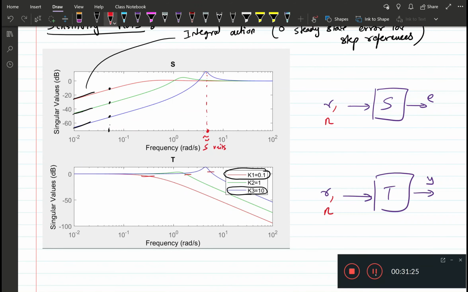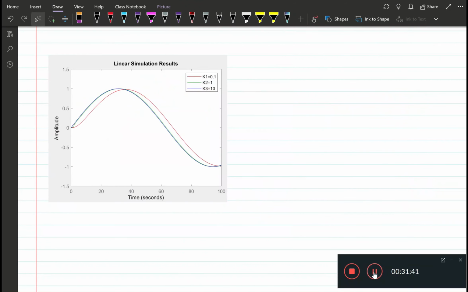So let's really check this by inputting sinusoidal inputs to this feedback loop, to verify what we just observed via the sensitivity and complementary sensitivity plots. So here you see what we've done.